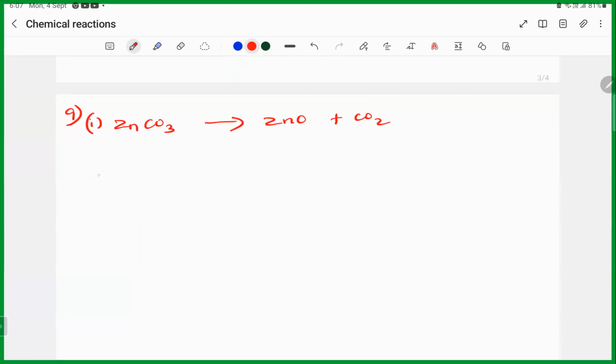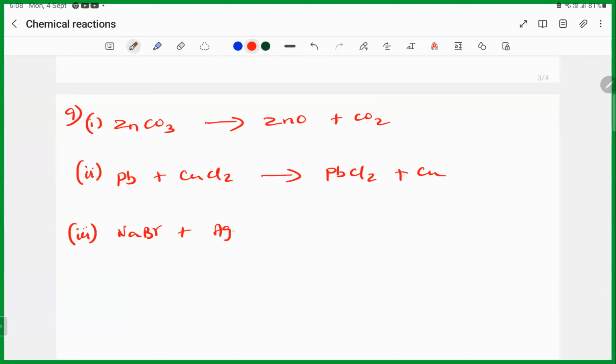All of you write the answer. Lead plus copper chloride gives lead chloride plus copper. Number 3, sodium bromide plus AgNO3 gives AgBr plus NaNO3.